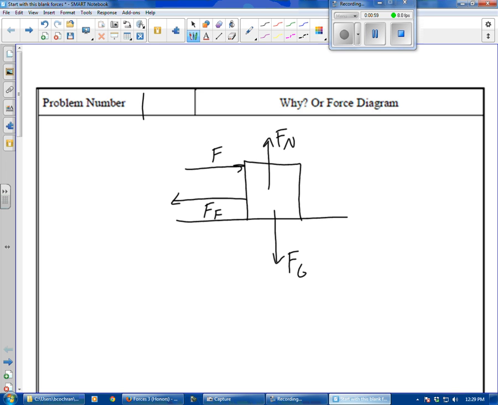Correct? And then for part B, everything's the same, except I also have an acceleration to the right. So in case A, my acceleration equals 0, but in case B, I have an acceleration to the right.